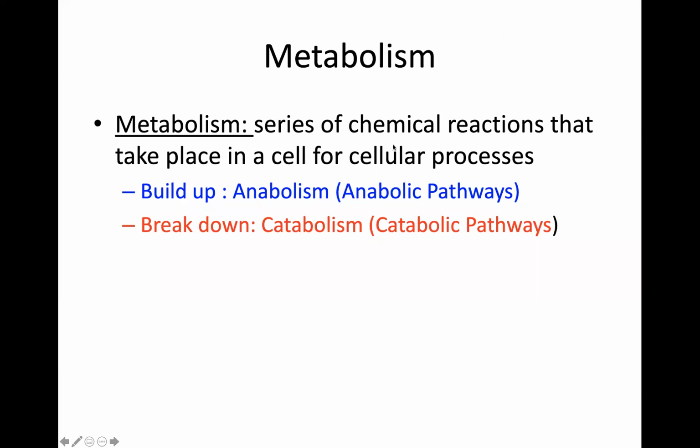There are reactions that build up and synthesize new molecules, and we'll call that type of metabolism anabolism. So there are anabolic pathways that our bodies utilize in order to build and make new molecules, right? And then there is another type of metabolism where substances, molecules, compounds are broken down.